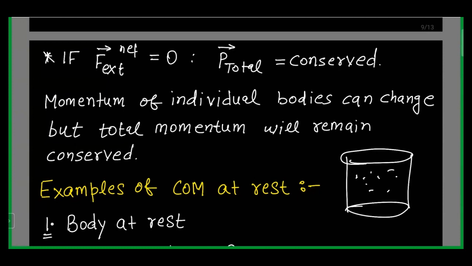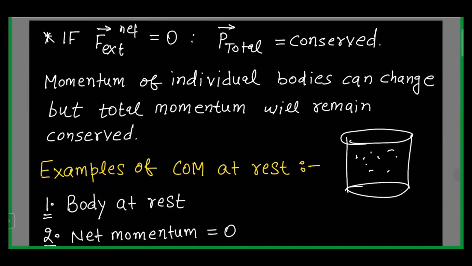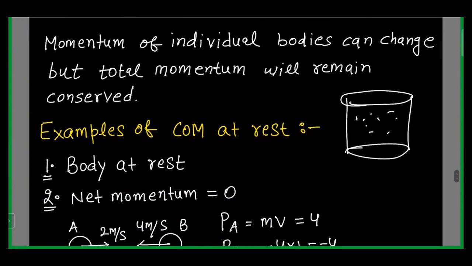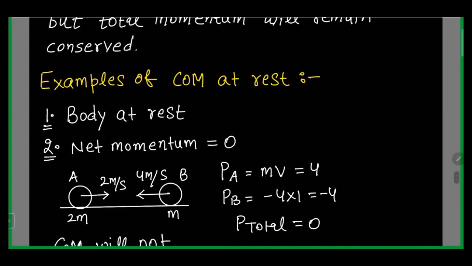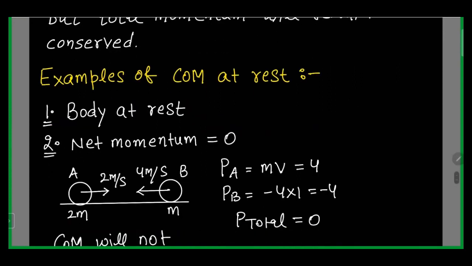So this is a concept that you should remember. We will be using this concept quite a lot, especially in collisions. The next topic which we are going to cover is collisions, and this theorem will be the basis of that. Now, I want to give you some examples in which the bodies are actually moving, as I mentioned, but the center of mass is at rest.